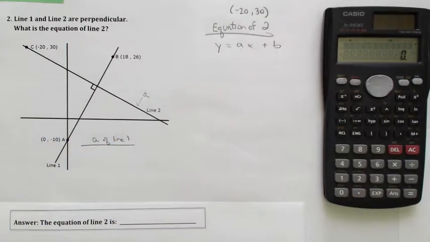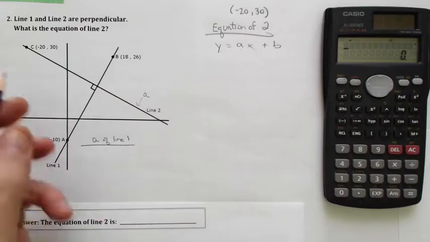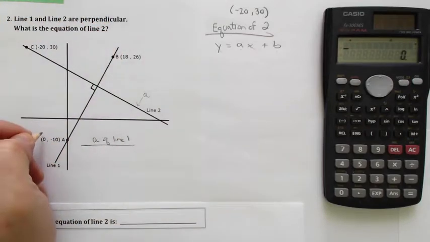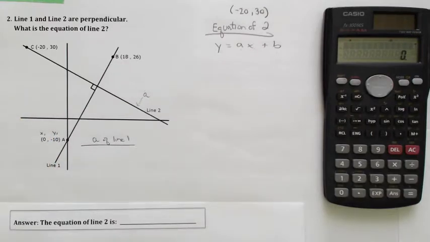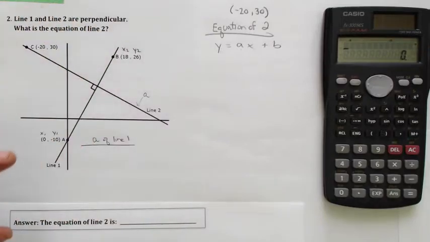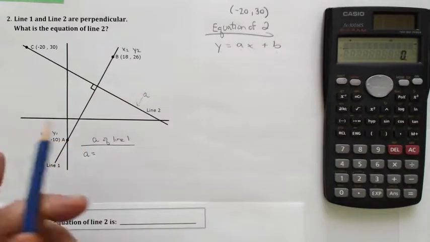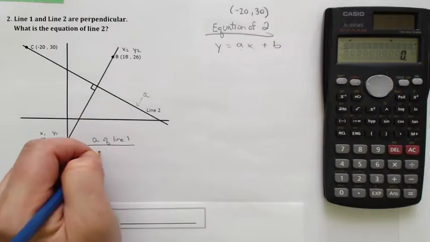Let's get the a of line 1. And the a of line 1 is really easy. It's going to be y2 minus y1 over x2 minus x1. So I'll call this x1 and y1, and I'll call this x2 and y2. So I'm going to use the 2 points on line 1 to calculate the slope of line 1. A is equal to 26 minus negative 10.